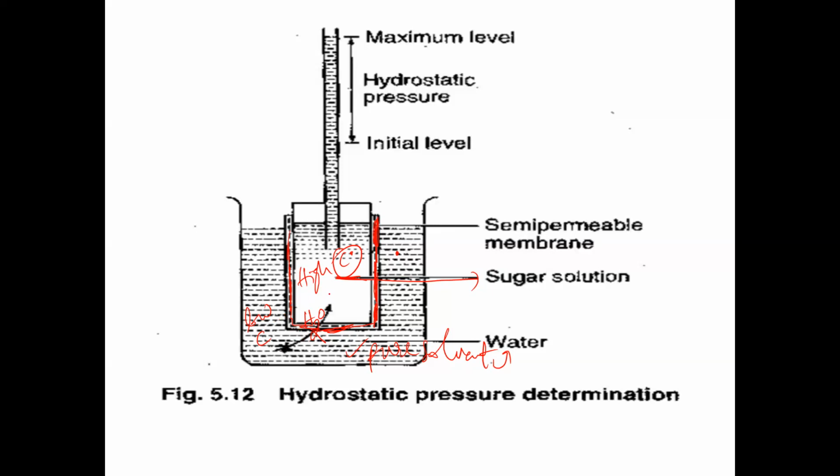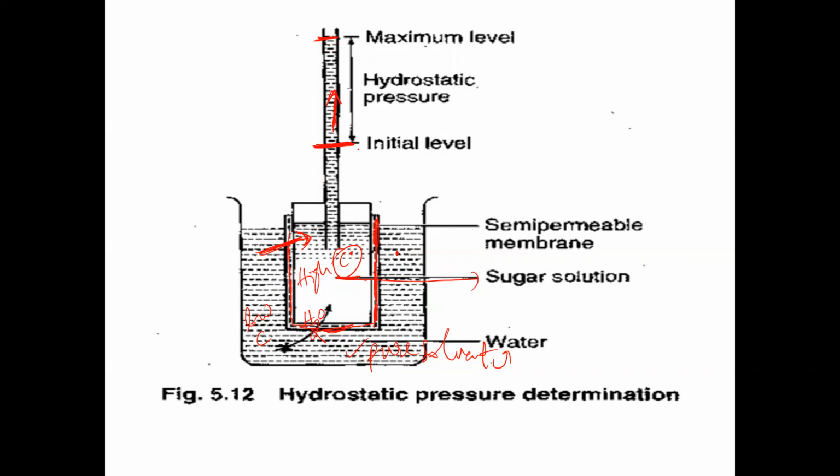When water enters the solution side, the level in this column increases. Initially, this much level is there, the solution level in the tube. When osmosis takes place, water enters the solution side, so the solution level keeps increasing, and it reaches some maximum level.